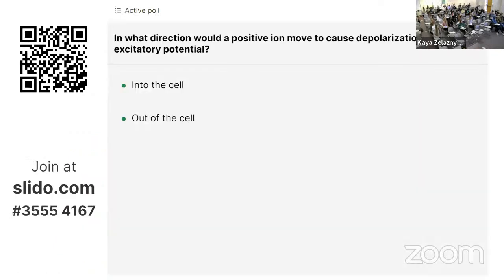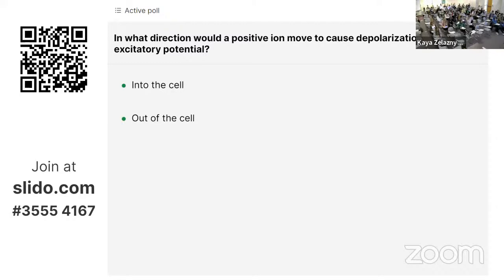So if we think about our ions, we've got a positive ion. We want to think about these concepts. So if we want a positive ion to cause a depolarization, an excitatory potential, those two concepts can be linked, just different in emphasis.